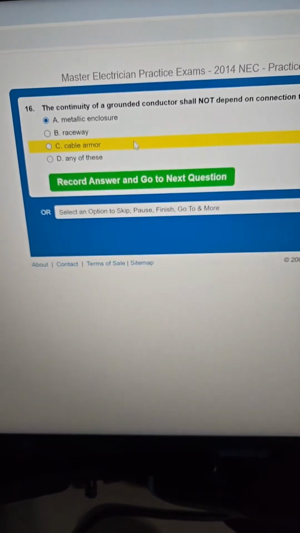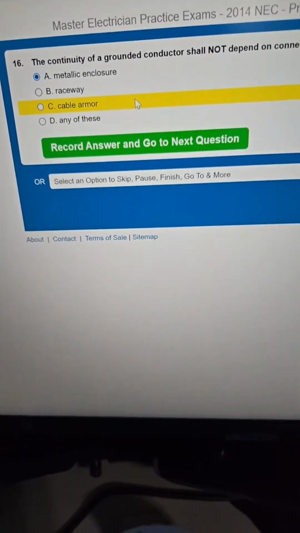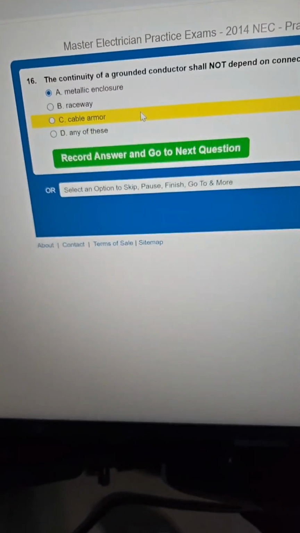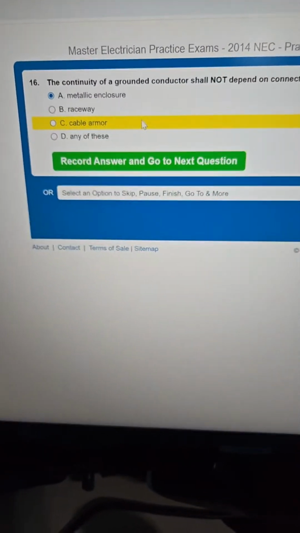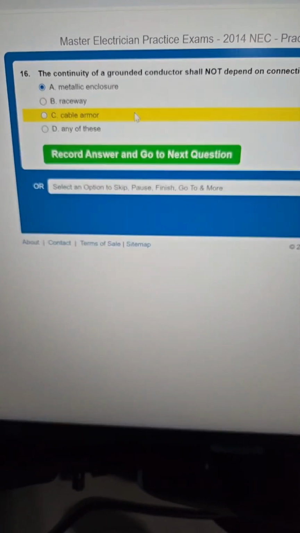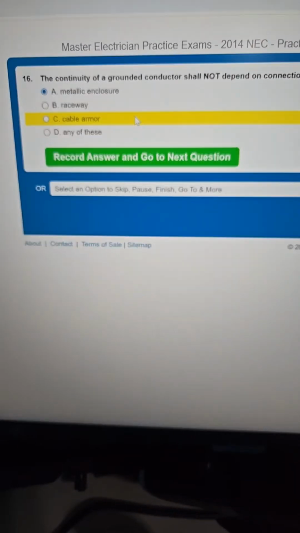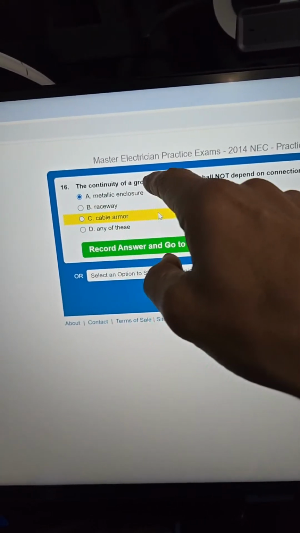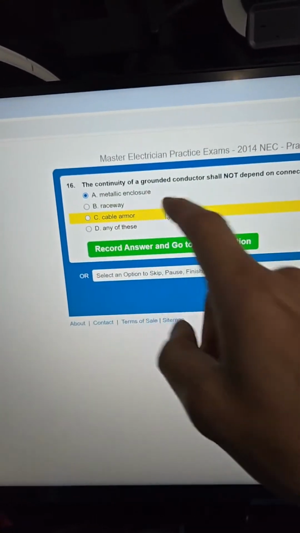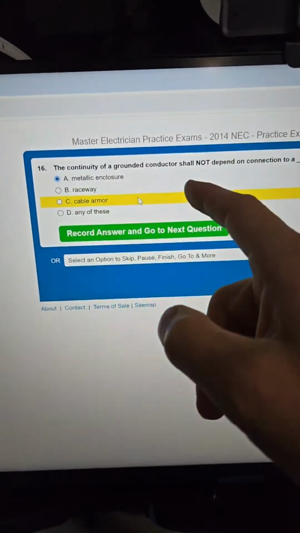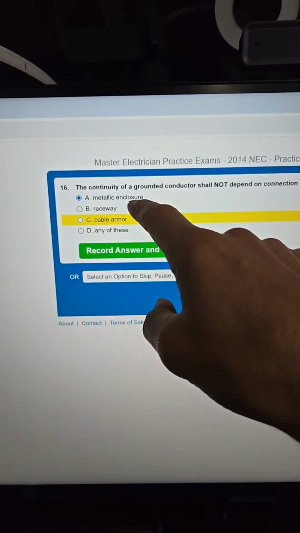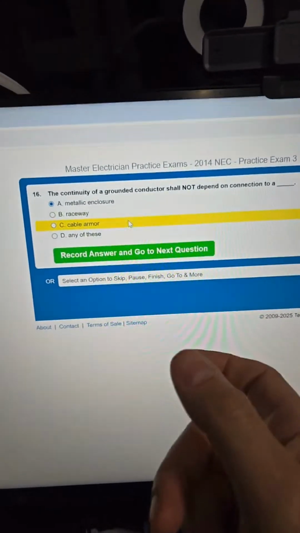because you bond your neutrals to a case purposely. You never bond your neutrals to a raceway purposely. And you never bond your neutrals to a cable armor because the grounded is a neutral. So we got to think about when would we ever be bonding a neutral to any one of these. And the only time we bond a neutral is to an enclosure with a main bonding jumper screw.